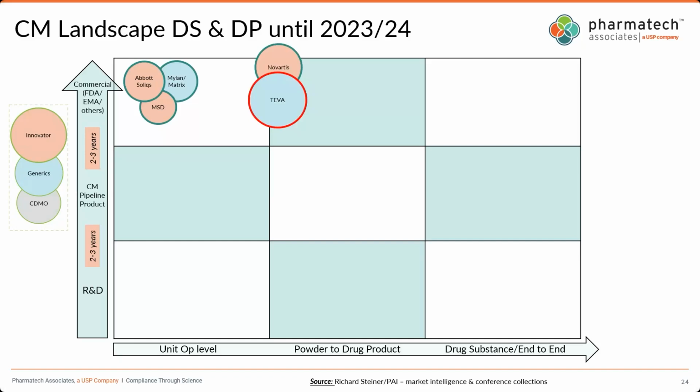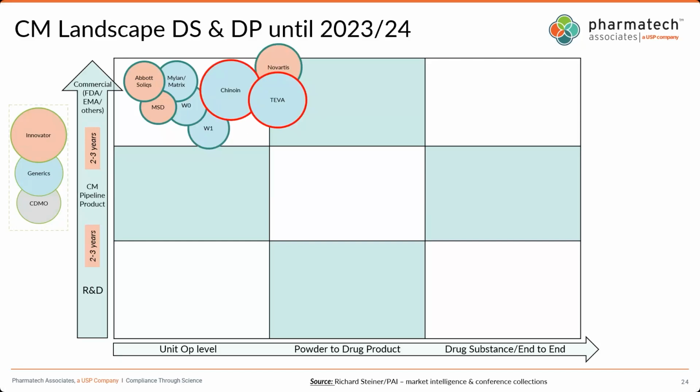And then later you saw companies like Novartis or Teva. It's many times mentioned, what is the business case for generics? But you see also early on generics adapted this technology with many products. Some names I'm not allowed to say, so I blanked them out.